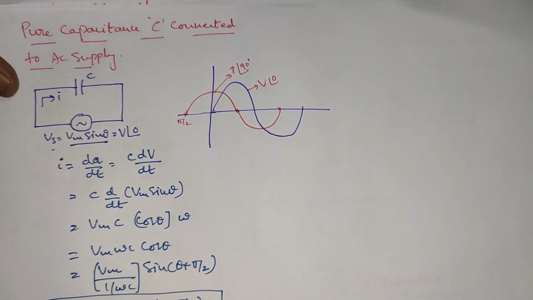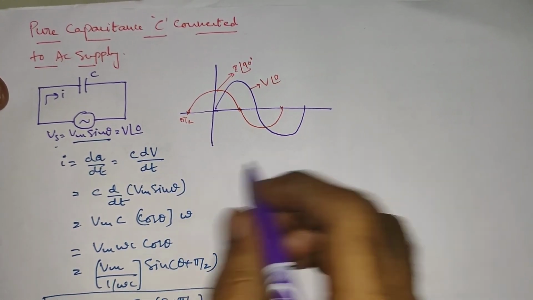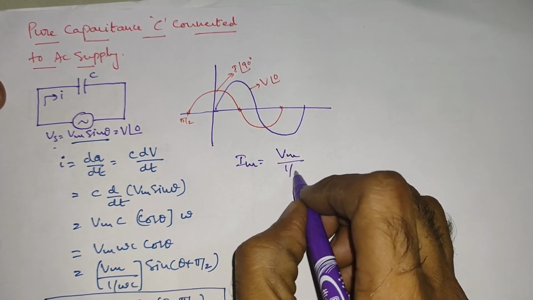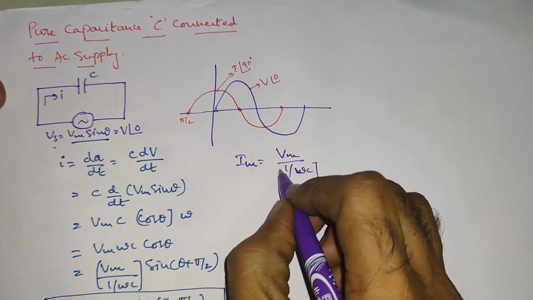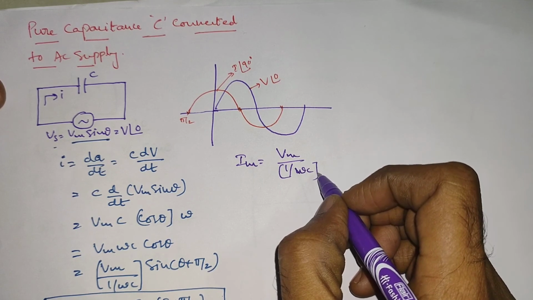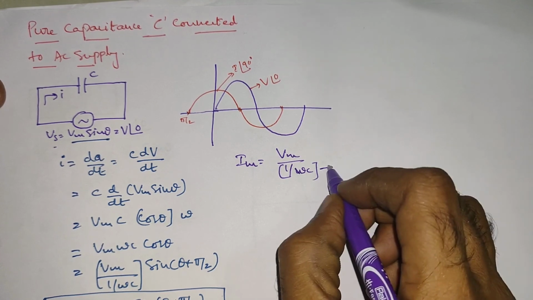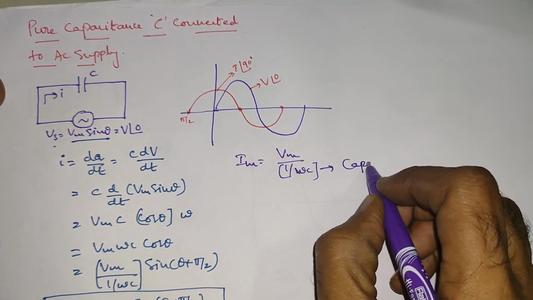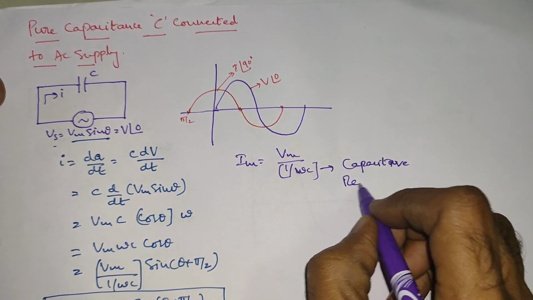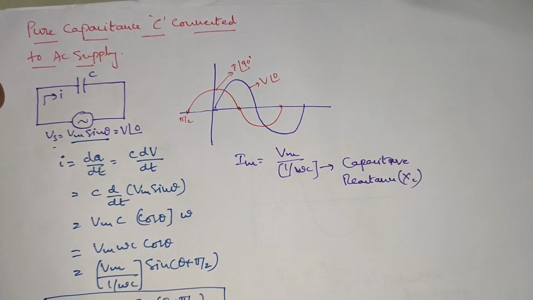Here also a new concept is introduced: we have considered Im as equal to Vm divided by something, that is 1 by omega C. Obviously the denominator corresponds to an ohmic component, and this ohmic component results because of the capacitance of the capacitor, hence this is considered the capacitive reactance, which is represented with XC, and the units are ohms.